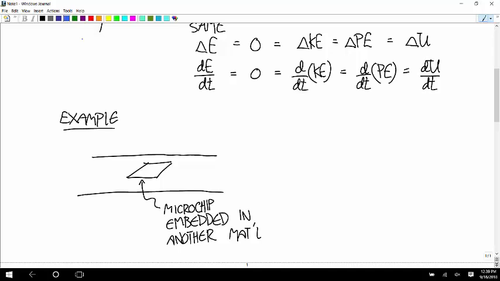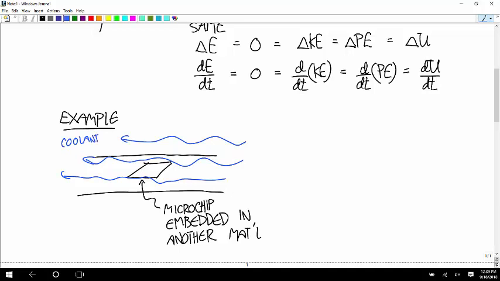And to cool it down, a coolant is sent flowing over the top. So only the top surface of this microchip is exposed to the coolant.